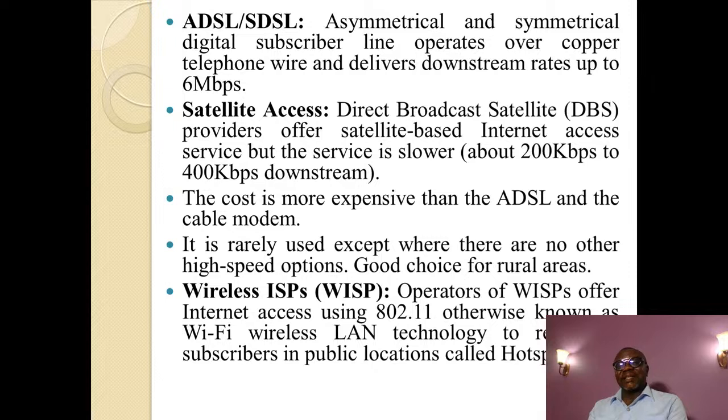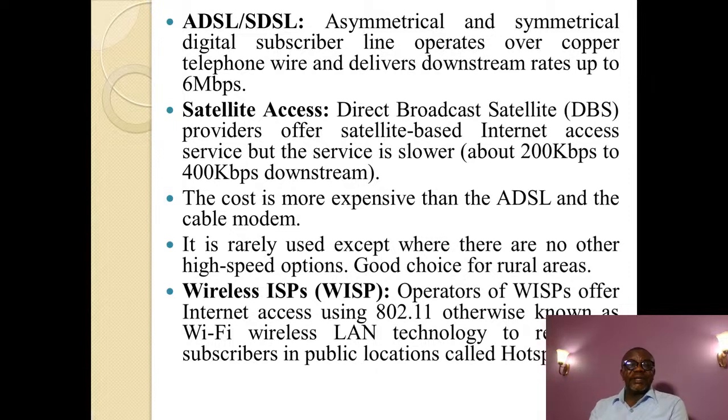providers offer satellite-based internet access service, but the service is slower, about 200 kilobits per second to 400 kilobits per second downstream. The cost is more expensive than ADSL and the cable modem.